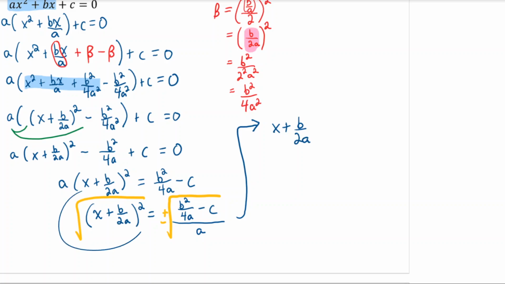They canceled out with the square root. And we've got now plus or minus square root b squared over 4a minus c over a.